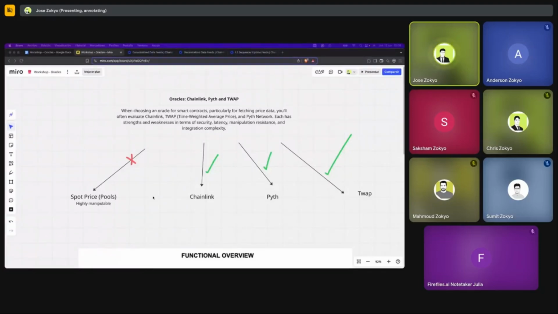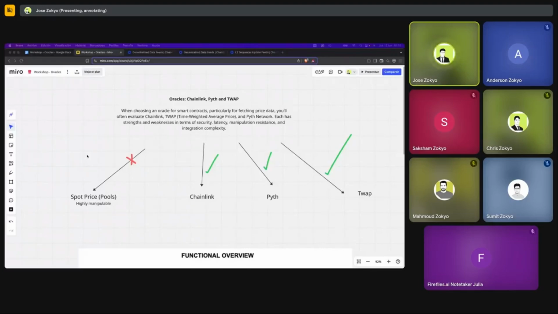Or, for example, a centralized oracle, which would be another not recommended option, because having a centralized oracle means that the owner of the oracle is the one having the whole control and the whole power of how the data is going to be introduced to our system, to our smart contract.